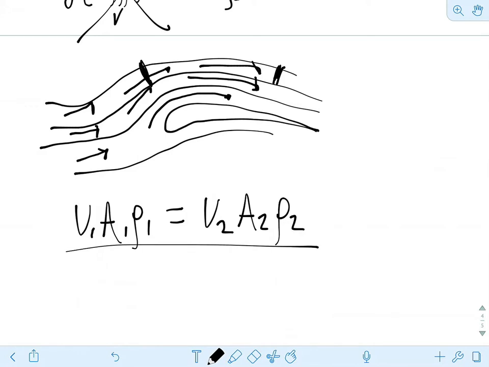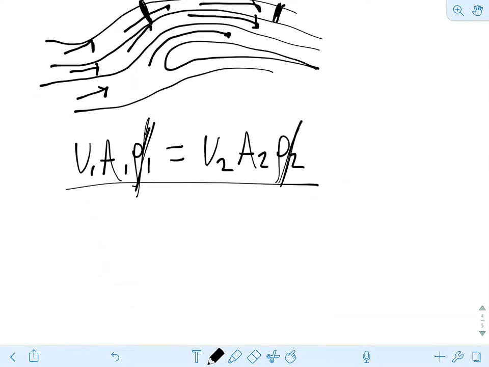So these must balance. Now, for the special case of an incompressible flow, we have ρ1 equals ρ2. So we can cross these out. So ρ1 equals ρ2 for our looser definition of incompressibility, because rho is not changing anywhere in the problem.